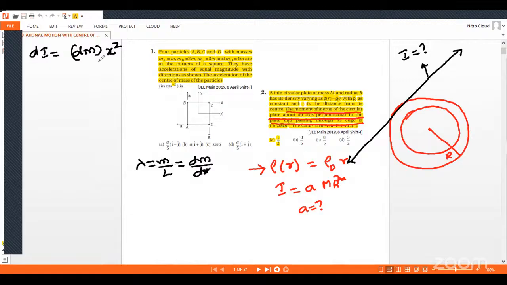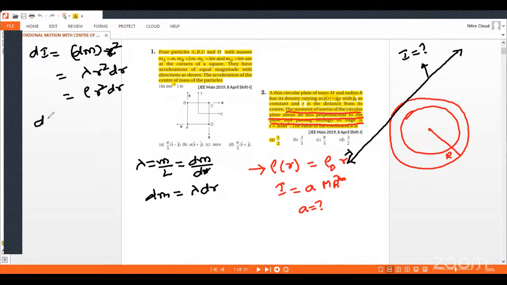Instead of x, we are considering r, as they gave in terms of distance as small r. So dm equal to lambda times dr, where lambda means density. Is it fine?